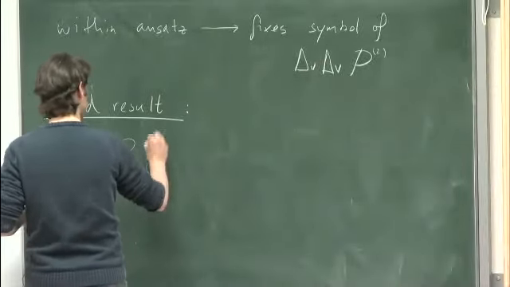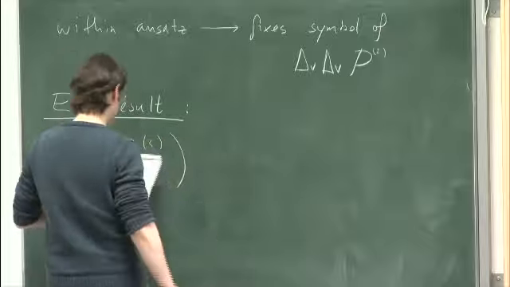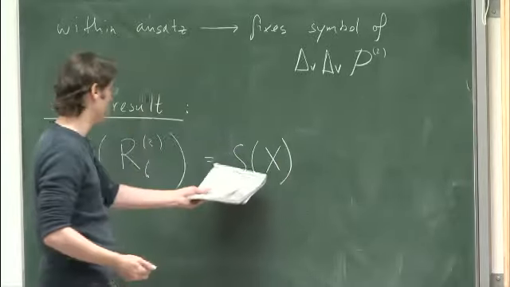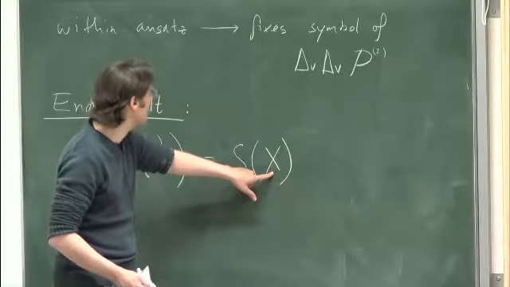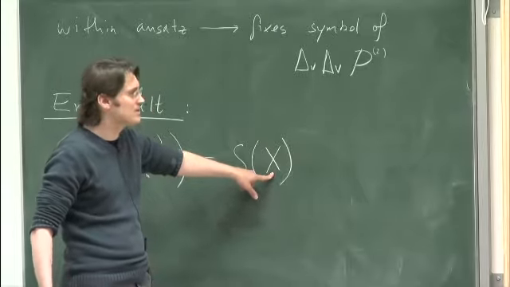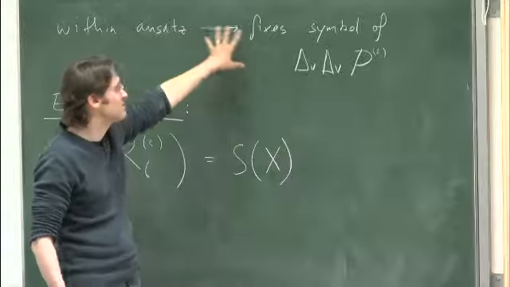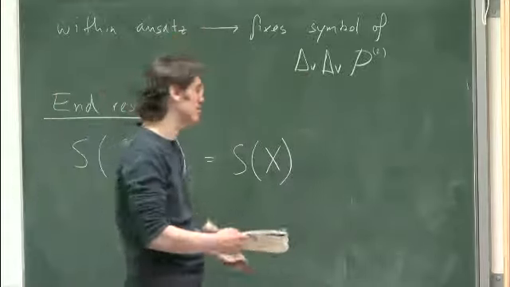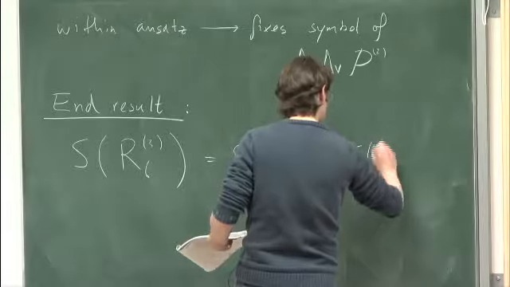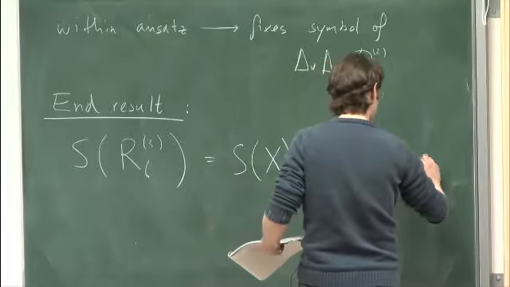In that case, we find that this symbol is actually fixed. So there's some symbol X, which is a piece which has a double discontinuity and therefore is fixed by this OPE constraint. And then in addition there's two ambiguities, F1 and F2.